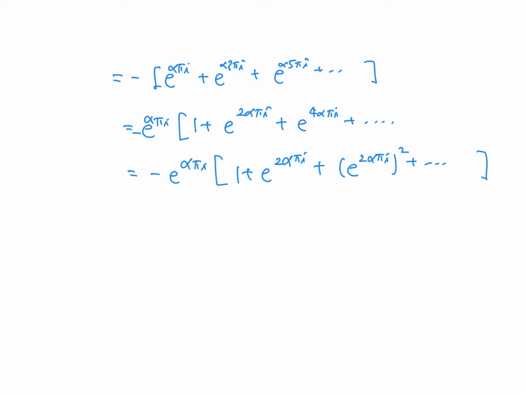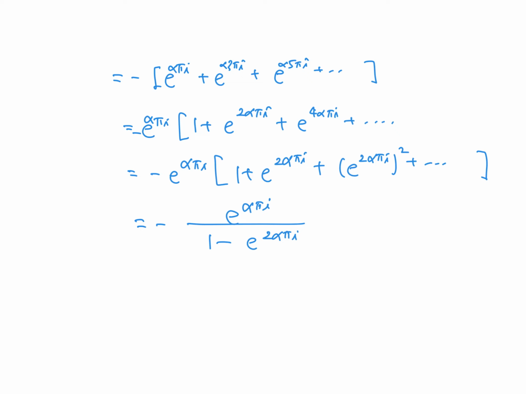So simply it's 1 over (1 minus exponential 2 alpha pi i), right? So it's an infinite geometric series sum that you are probably familiar with since high school days.